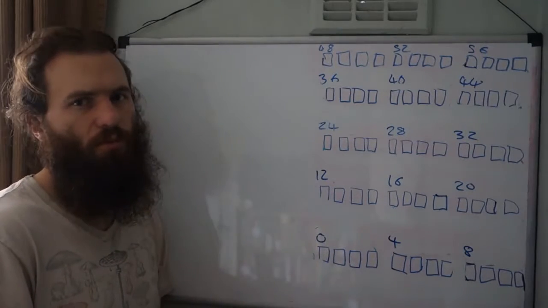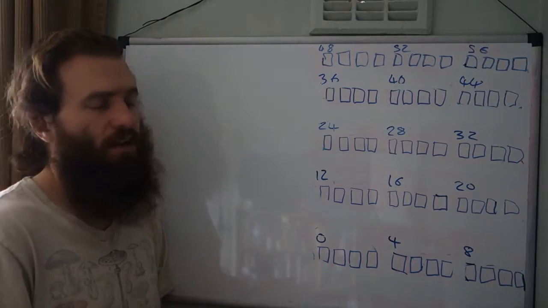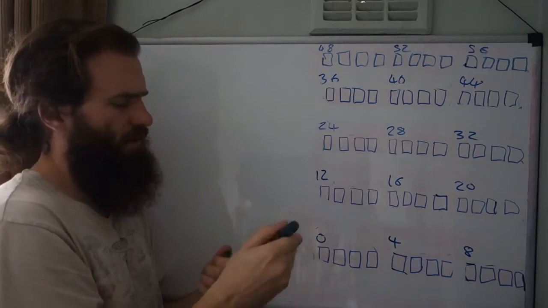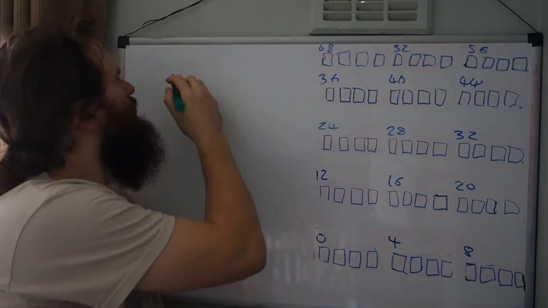Alright, I think we're almost done with pointers, but I just want to talk about one more thing, which is passing the values of pointers around, passing them into functions and returning them from functions.